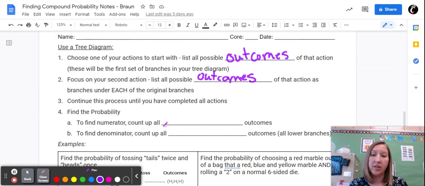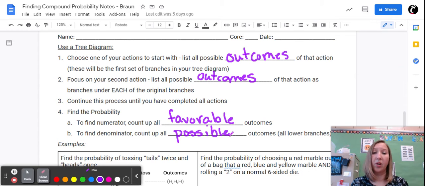We're going to continue that process until you've completed all actions. Then to find the probability, to find our numerator, we're going to count up all of our favorable outcomes again. Those are the ones we're looking for. And to find the denominator, we count up all the possible outcomes. So we will put our favorable outcomes over our possible outcomes again. These are all the lower branches.